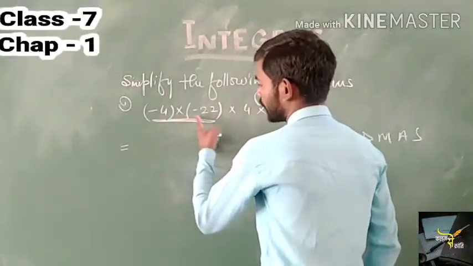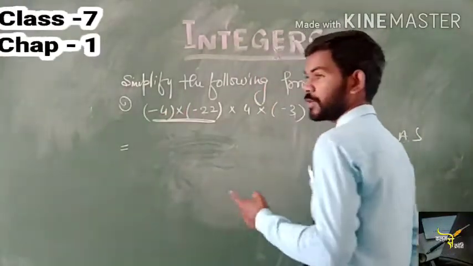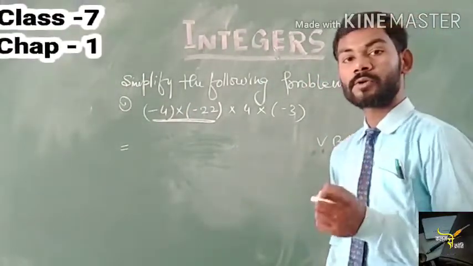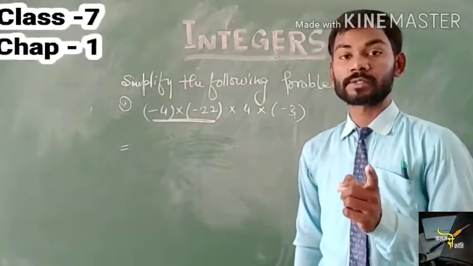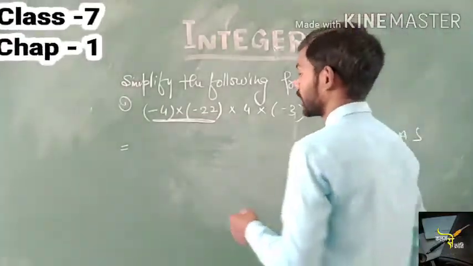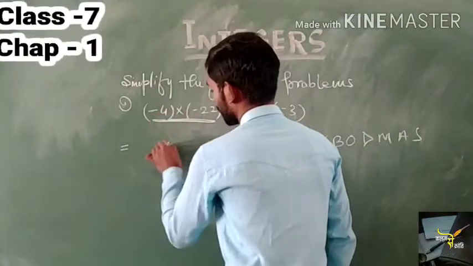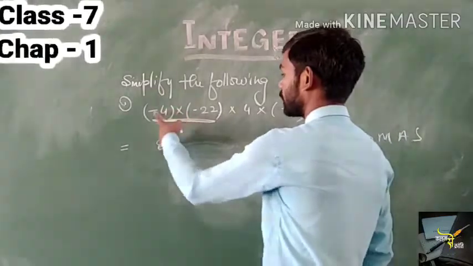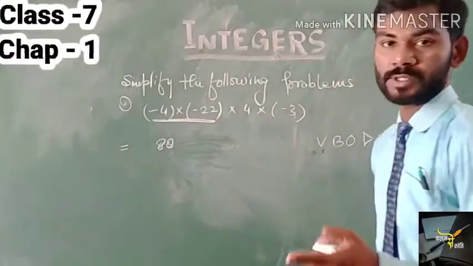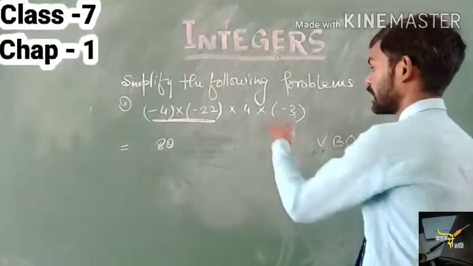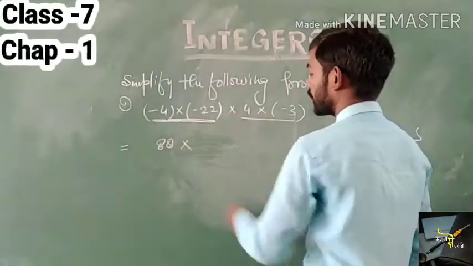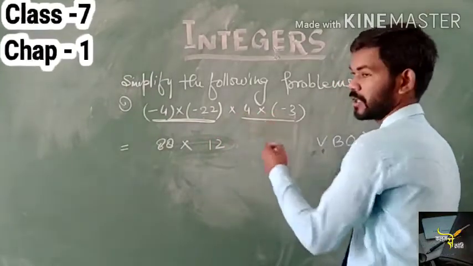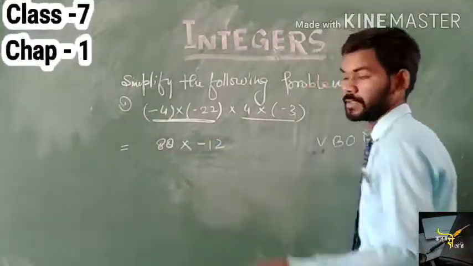So when we multiply, minus multiplied with minus becomes plus. So here we get 4 times 22, that is 88, and minus minus becomes plus. In the next two terms we get 4 times 3 is 12, and when plus is multiplied by minus it becomes minus.